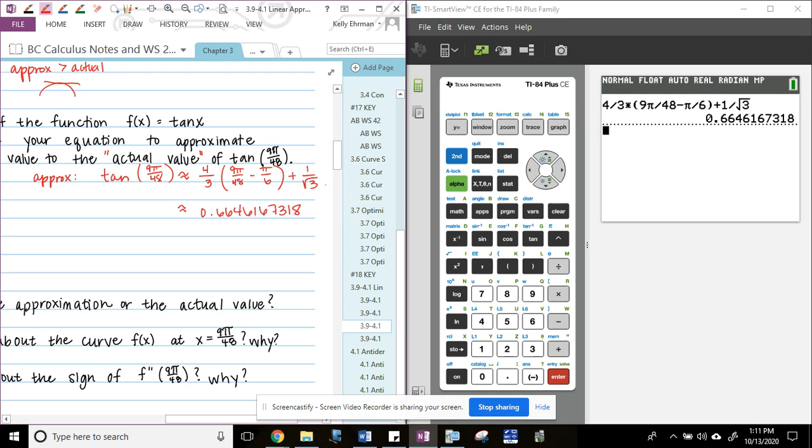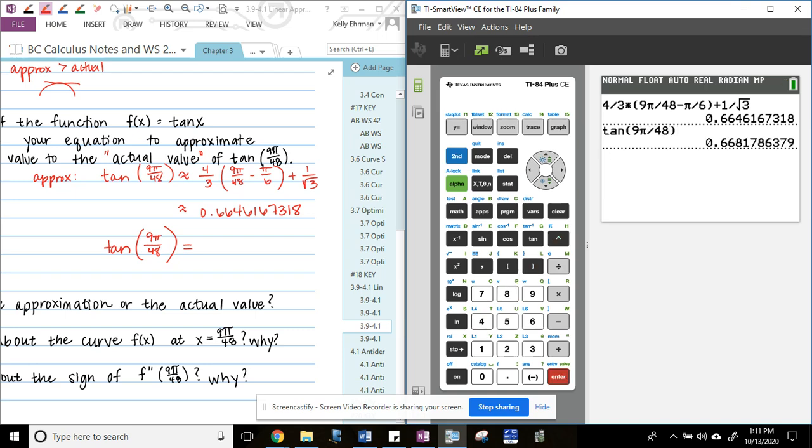This is the approximation, and the actual value would be plugging in 9 pi over 48. We're saying actual in quotes because when you type this into your calculator, it's still cutting off this decimal. So they're the same to 2 decimal places, and then they go off after 3.